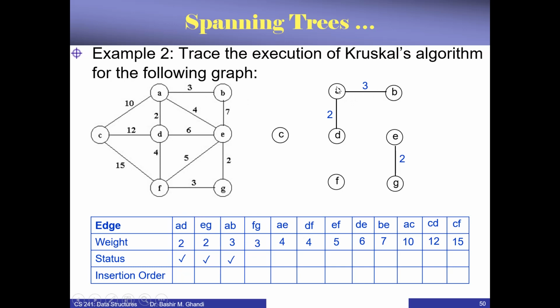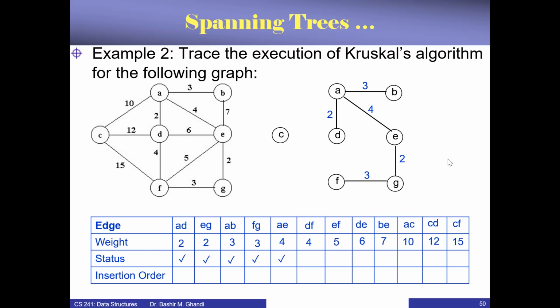Again, adding it doesn't create any cycle, so we're going to accept it. Next edge is FG, which is also going to be accepted because so far there are no cycles in the graph. Next edge is AE, which we shall again accept because no cycle will be created as a result of adding it.